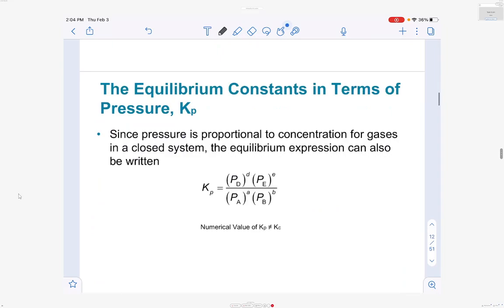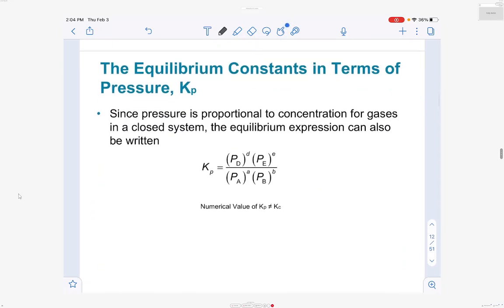All right. So when the reactants and products in chemical reactions are in gas state, we can also formulate the equilibrium constant expression in terms of partial pressures.